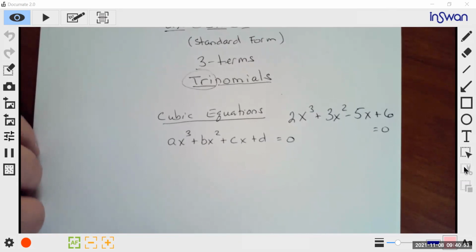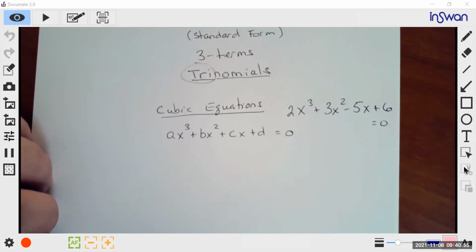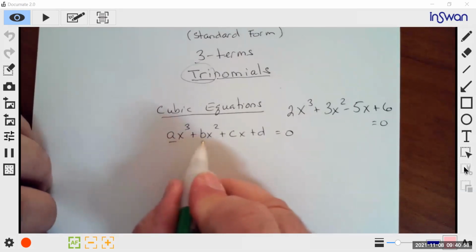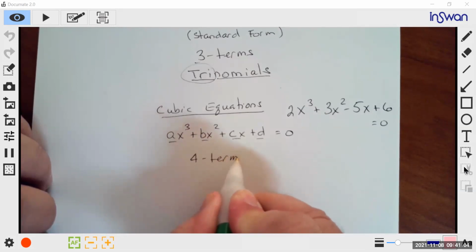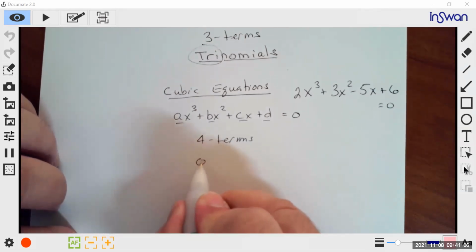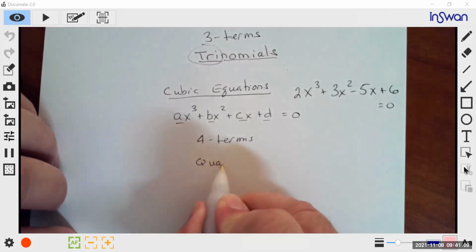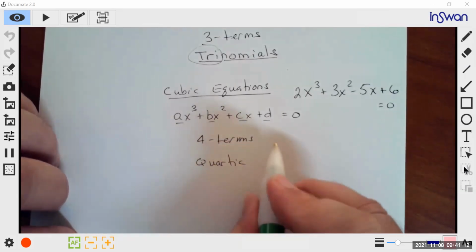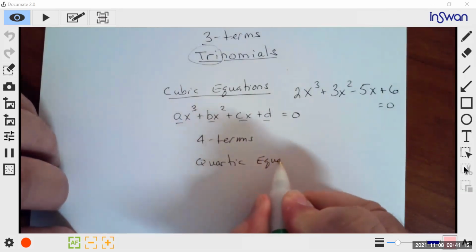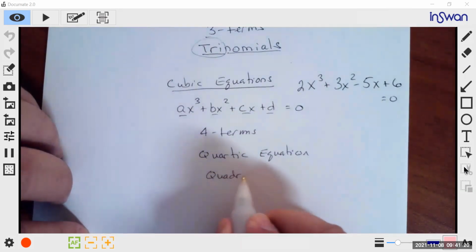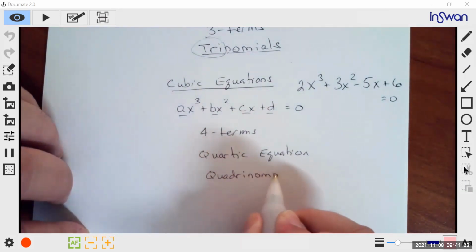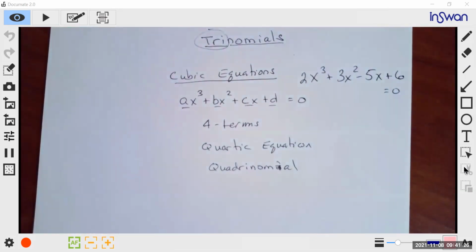Has that form. We see it has 4 terms. So this is called a quadrinomial, meaning four terms, and so on and so forth.